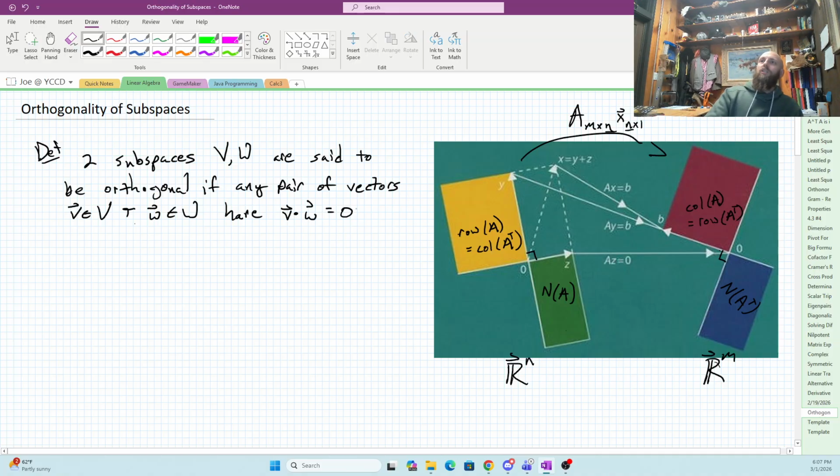So, in other words, two subspaces are perpendicular to one another, or orthogonal, if any vector in V is perpendicular to any vector in W.